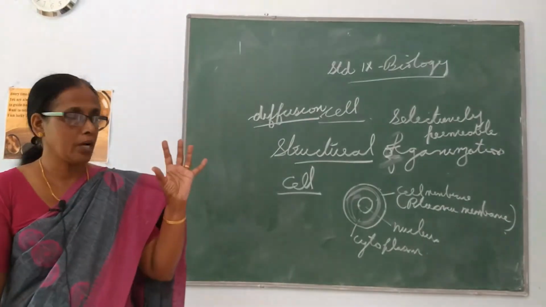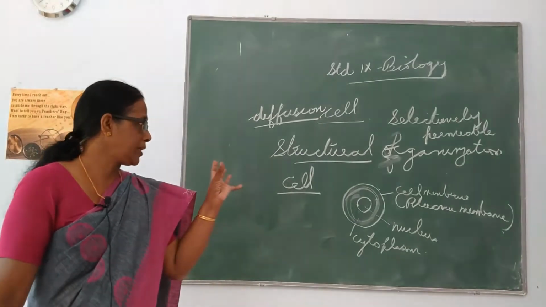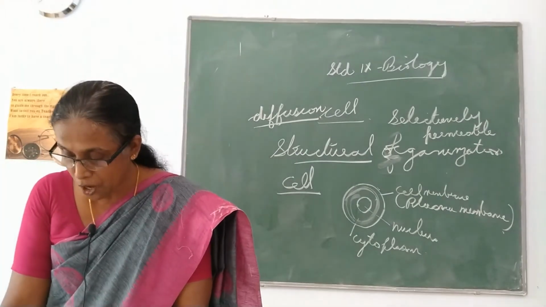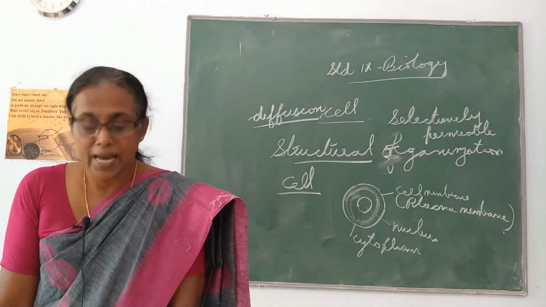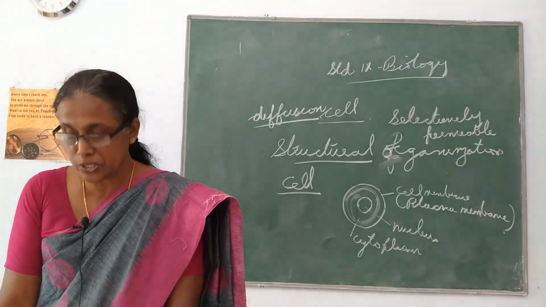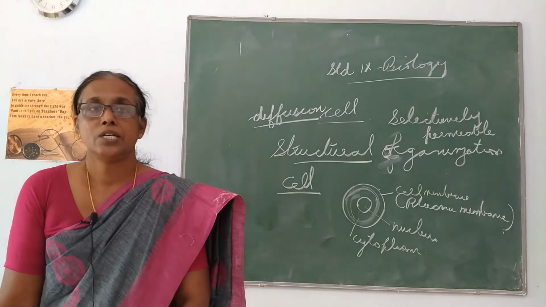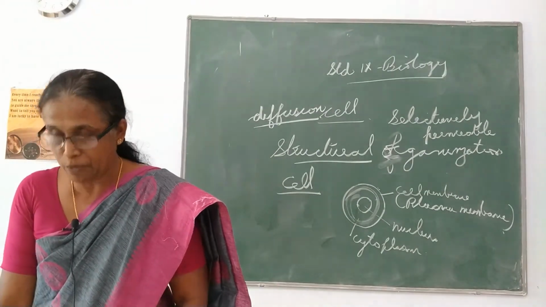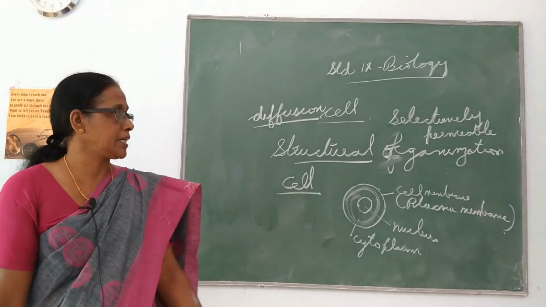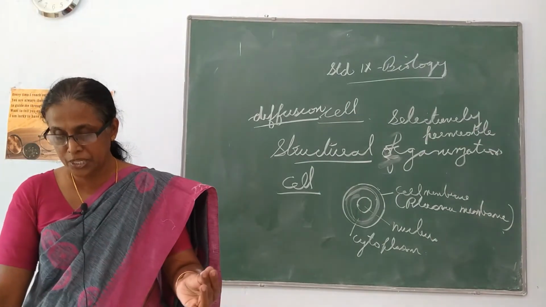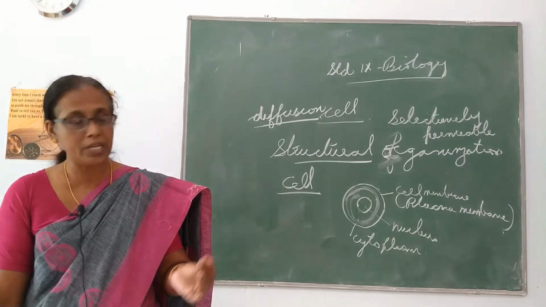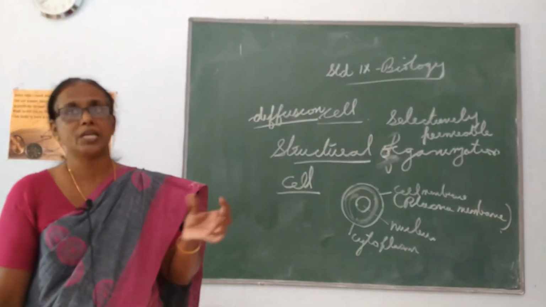See, in the cell, the carbon dioxide and the oxygen have to move across the cell membrane, and it is by the process known as diffusion. So the spontaneous movement of a substance from a region of higher concentration to a region of lower concentration is known as diffusion.